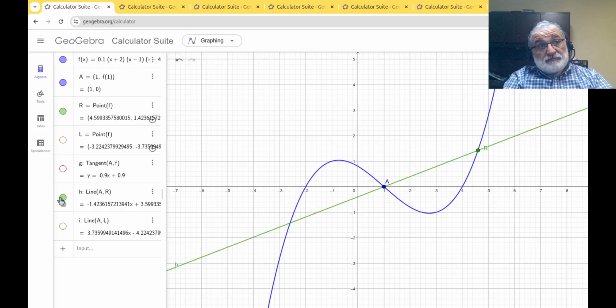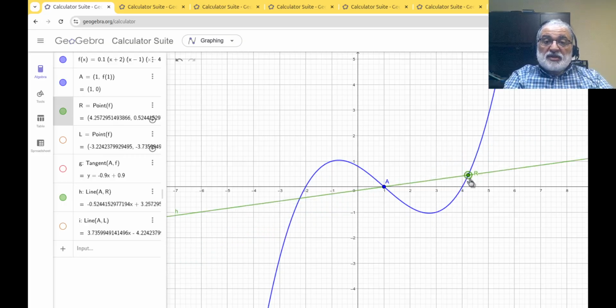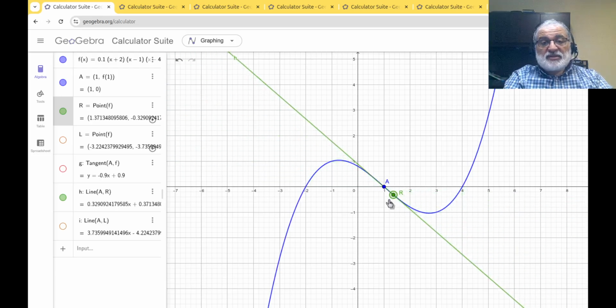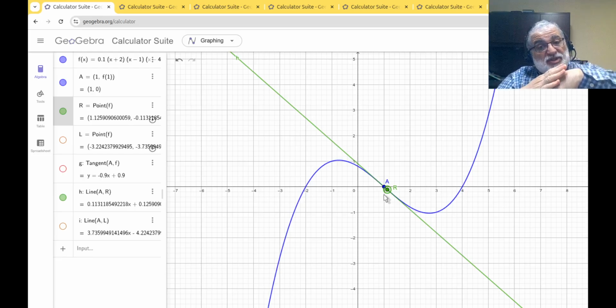This line is called the secant line. But as we bring R closer and closer to point A, do you see what's happening now? This line is approaching a tangent to the graph, which is a line that just touches the graph at that point.